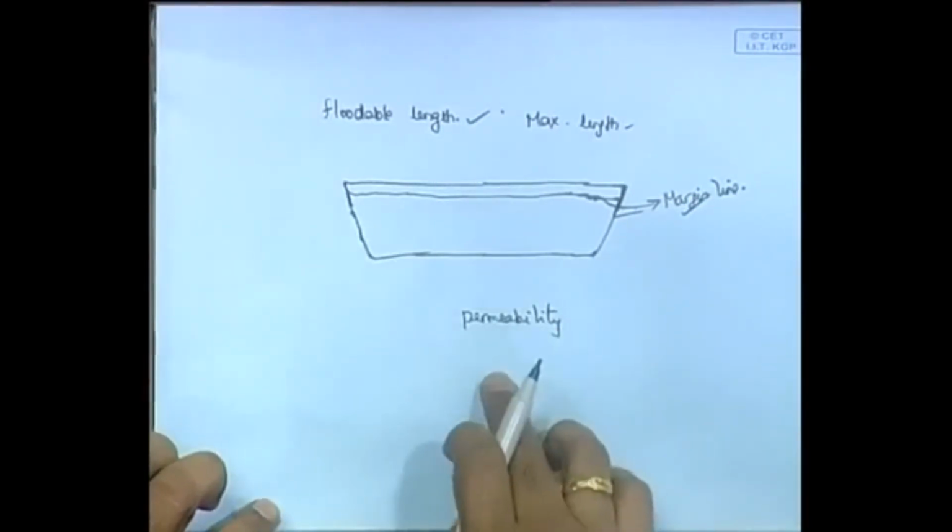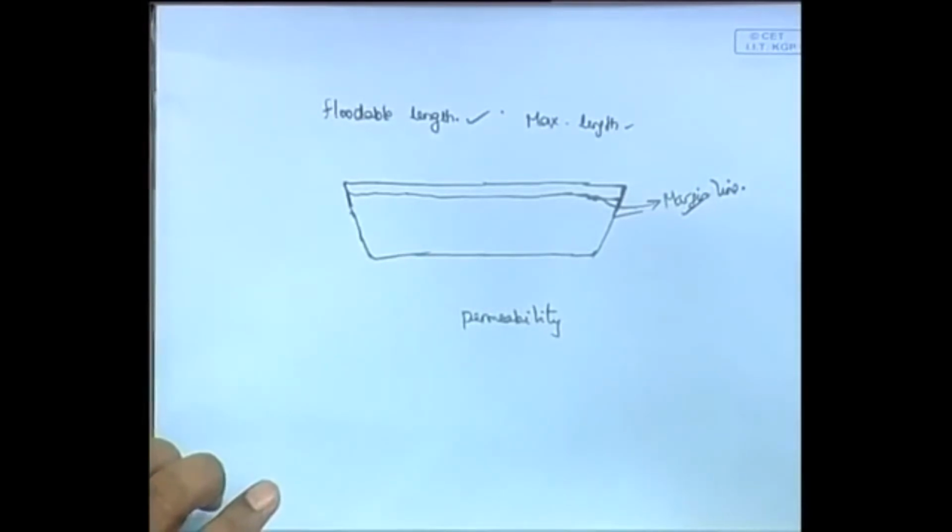In this particular context, the meaning is: suppose you have a compartment which has a volume V. There will be different things in the compartment. Therefore, the amount of floodable volume is never V. It is always less than V. Therefore, we say that the ratio of the floodable volume to the actual volume of the compartment is called permeability.